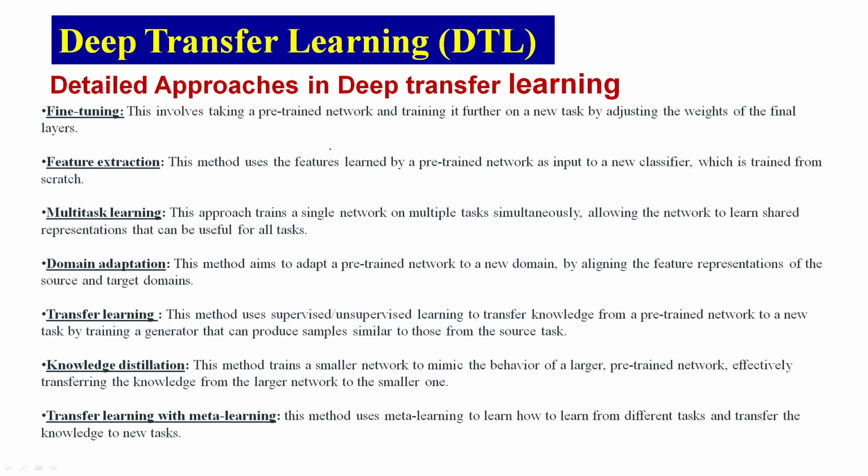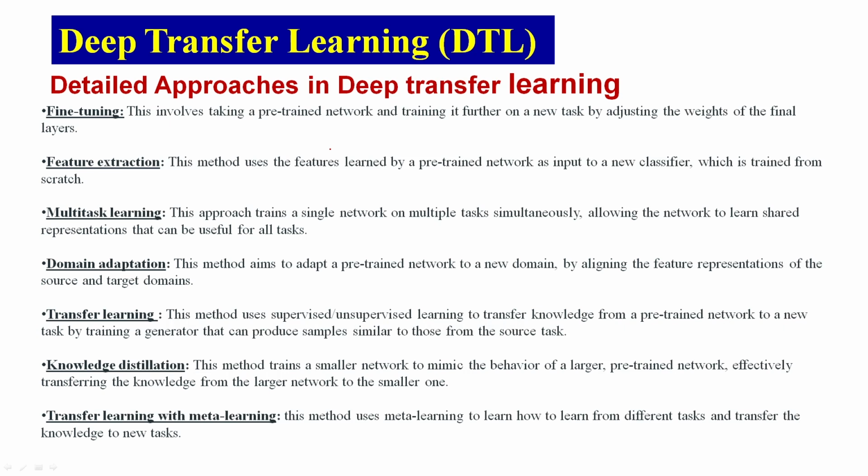So, you have different layers, hidden layers, and you can put weights on each of these inputs, that we discussed a lot. Let us not go back into it and waste time. So, fine tuning is not pre-training, remember, this involves taking a pre-trained network and training it further on a new task. How is it done? By simply adjusting the weights of the final layers, that is what is done.